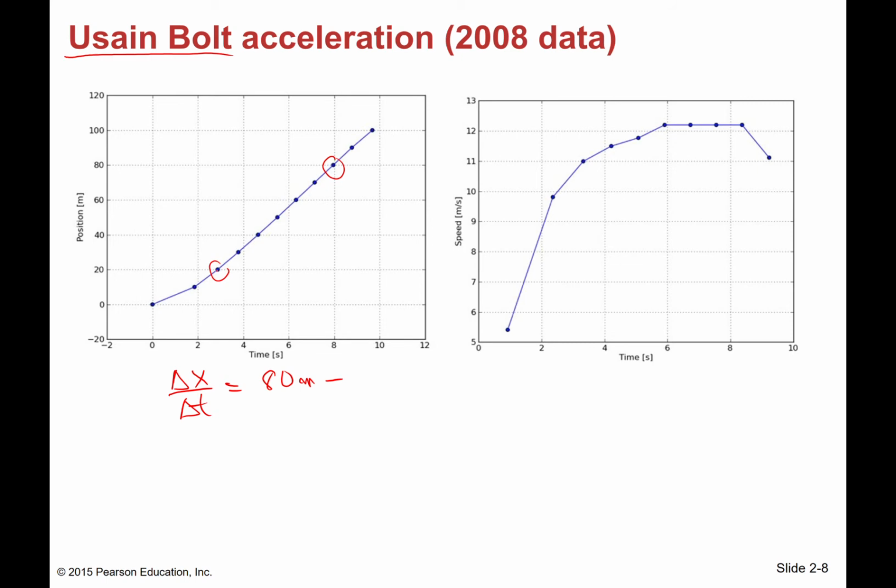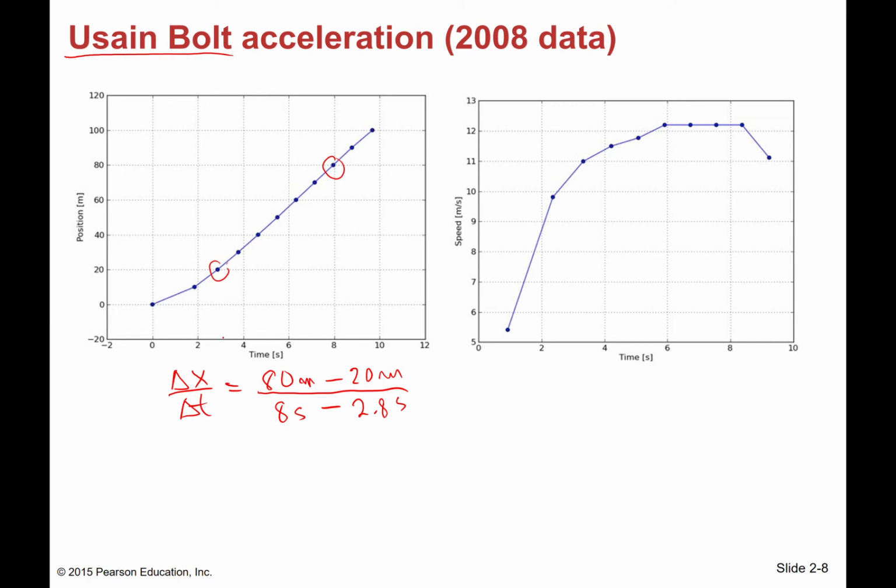Minus this one here, which is 20 meters. So delta x is final position minus initial position, which is 80 minus 20, divided by delta t, which is final time, which is 8 seconds, minus initial time, which I'm going to say is roughly about 2.8 seconds.